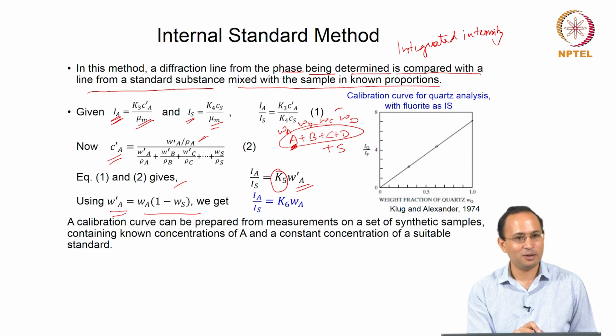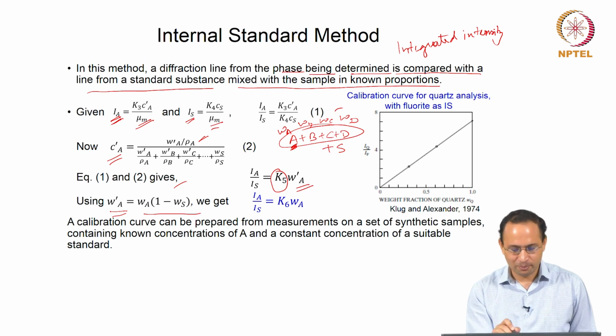That means if your WS is 0, your W prime A is WA. When there is no standard, W prime A becomes WA, and when your WS is equal to 1, then it is 0.